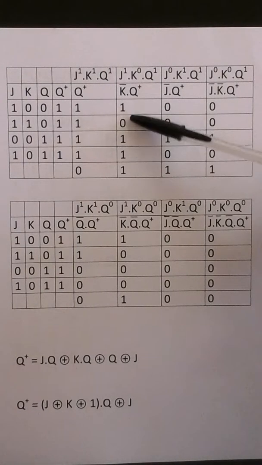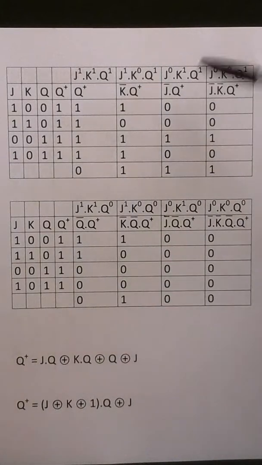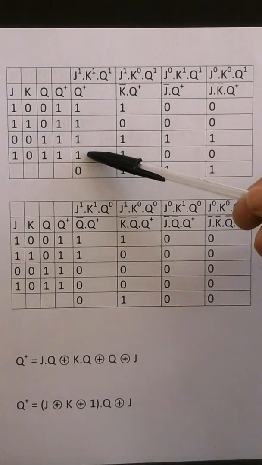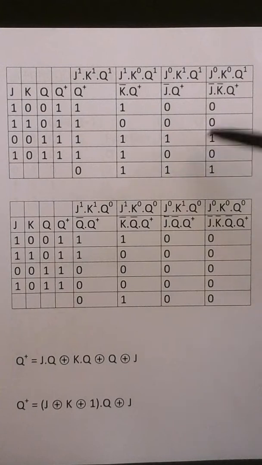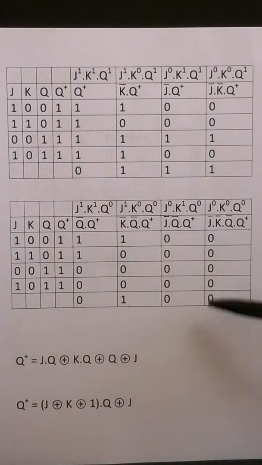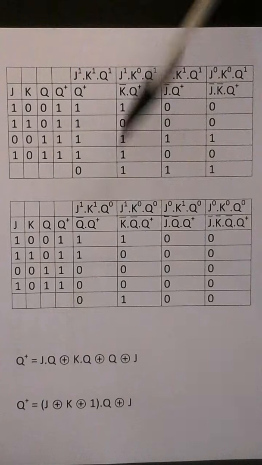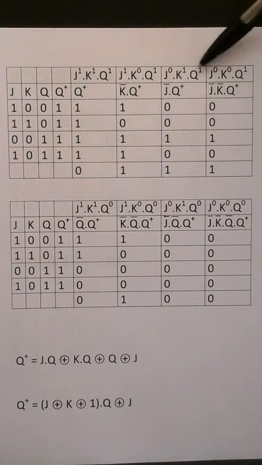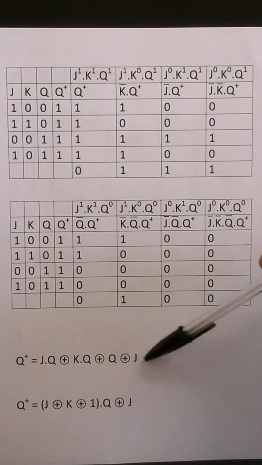Basically, I'm taking the coefficients here and displaying them here. So here, adding up the ones, 4 ones equals 0 mod 2, 3 ones equals 1, 1 equals 1, 1 equals 1, and 2 there, 0 and 0 there. So I'm taking the non-zero terms, so J and Q here, K and Q there, Q there, and J there.